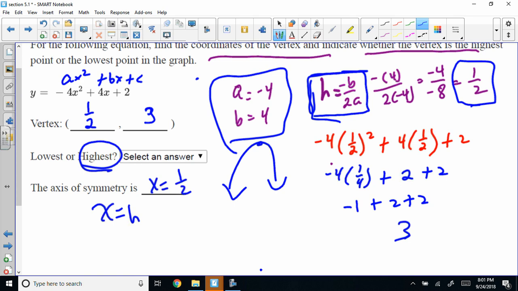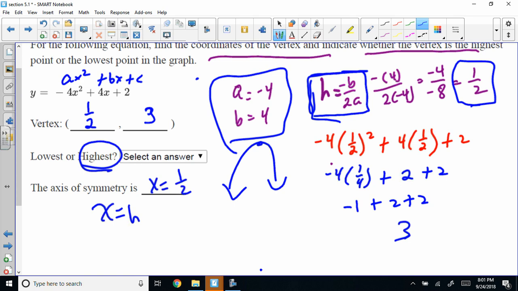You're just converting from one form into the other, and then it's asking you a couple of questions: opening up, opening down, maximum, minimum, highest, lowest, and what's the axis of symmetry? It's either mountain or valley, right?